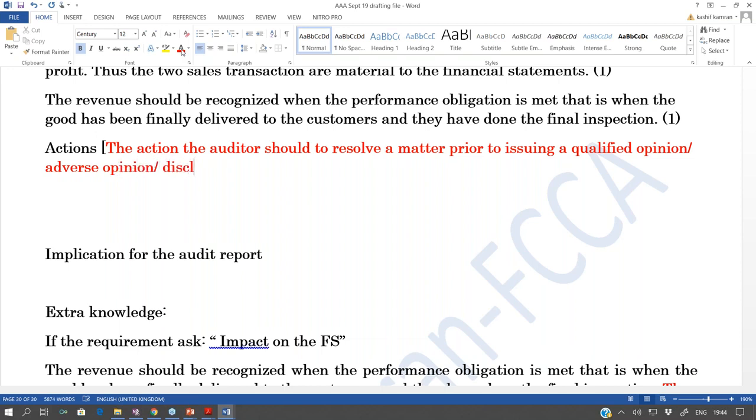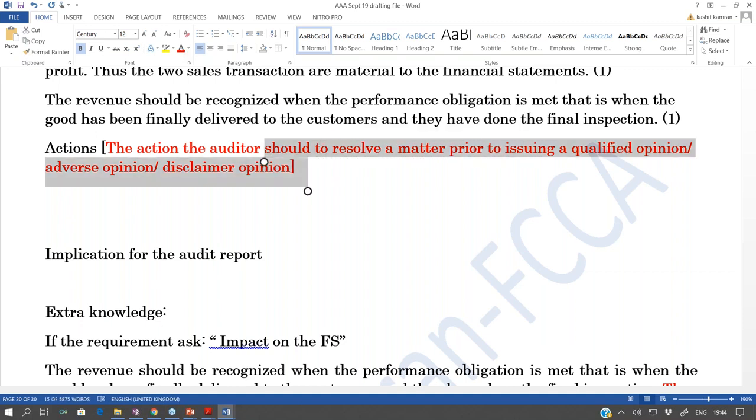So before you issue any modified opinion, what actions will the auditor take to resolve the matter? The objective of action is to resolve a matter prior. If the matter is not resolved, then obviously the auditor has to issue a modified opinion, like a qualified opinion, adverse opinion, or a disclaimer of opinion.